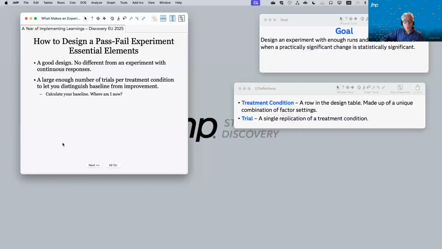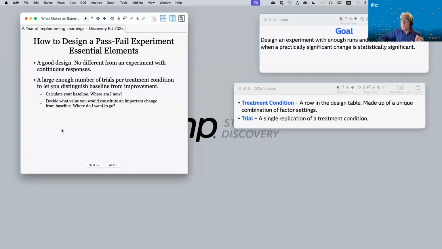So I need to know what my failure rate or my event rate is at my baseline. And I also want to decide what an important change is. For example, my baseline might be that I'm getting failure 75% of the time, but it really only makes sense for me to distinguish if I have a change that takes me to 50% or 20%. So you want to decide this a priori.